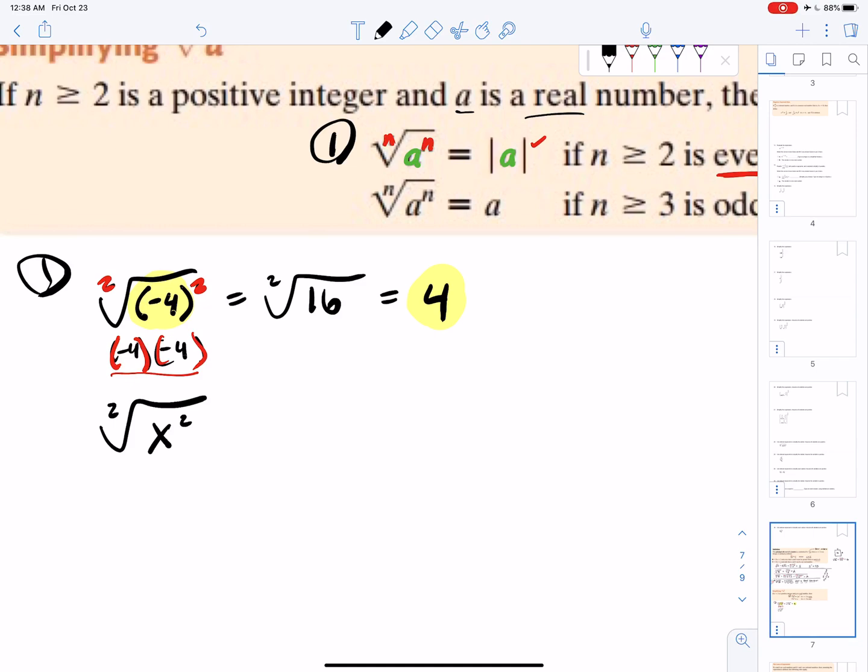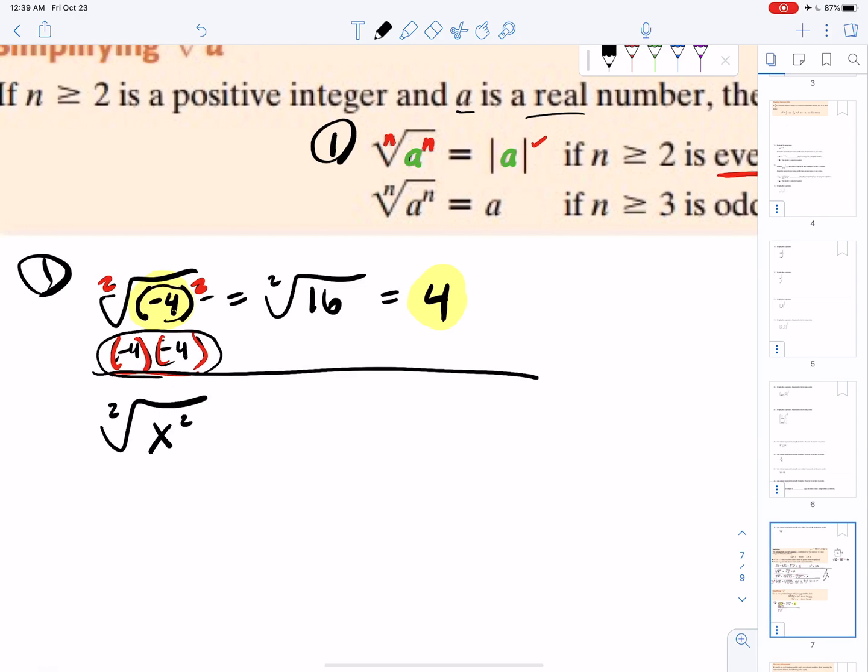If we did the problem above without the knowledge of this piece, you would have said, well, my power of 2 matches my index, so I take out the base. And when you take the base out, you would have taken out negative 4. That's why this problem says, whoa, wait a minute, you better take the absolute value of that. Why? Because there are 2 negatives inside that became positive.